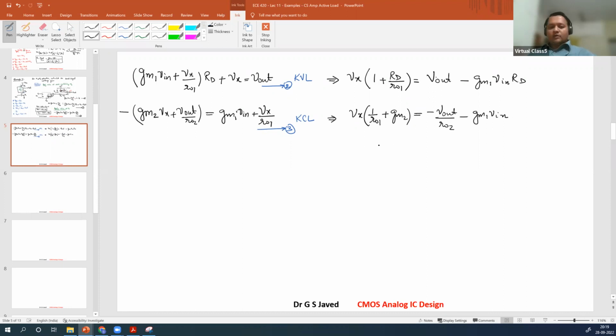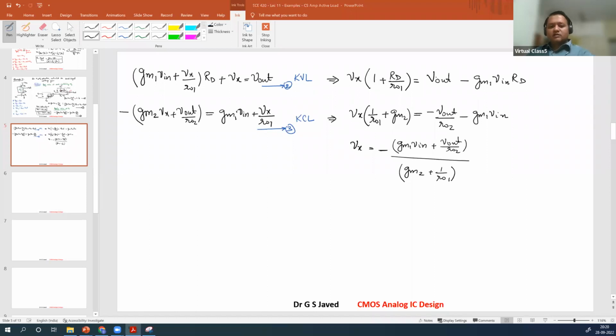So what is the Vx value that you get? Vx is equal to minus of, we will write this way: gm1 V in plus V out by RO2, the numerator, whole divided by gm2 plus 1 over RO1.